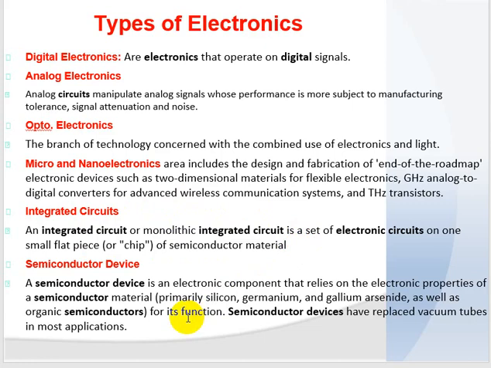Then the last thing, semiconductor devices. A semiconductor device is an electronic component that relies on the electronic properties of a semiconductor material, such as silicon, germanium, gallium arsenide, as well as organic semiconductors for its function. Semiconductor devices have replaced vacuum tubes in most applications.